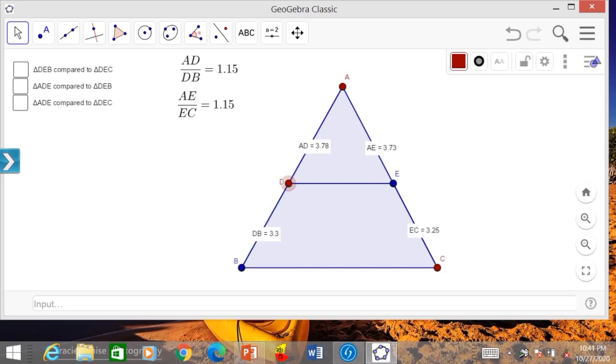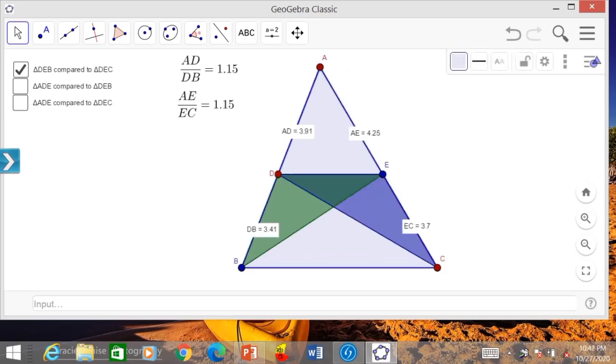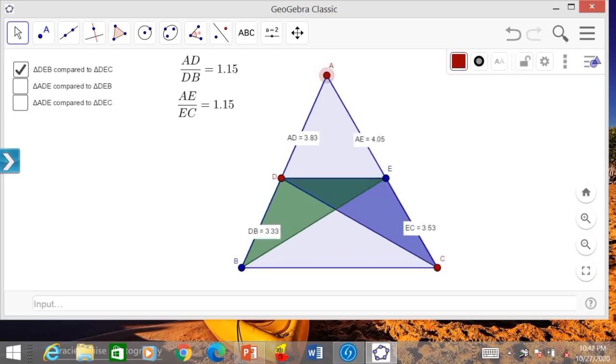If you divide AD by DB, you will get 1.15. And AE is 3.73, EC is 3.25. AE by EC is equal to 1.15. So if DE is parallel to BC, then AD by DB is equal to AE by EC.